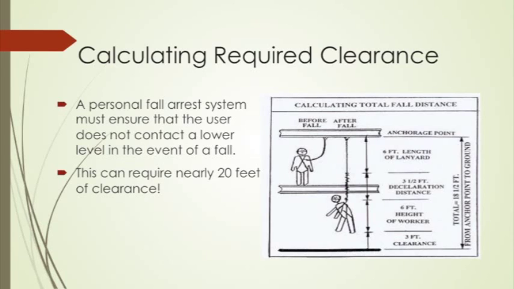Calculating the required clearance is important to ensuring the proper operation of the safety system. A personal fall arrest system must ensure that the user does not contact a lower level in the event of a fall. As shown in the diagram, this can require nearly 20 feet of clearance.